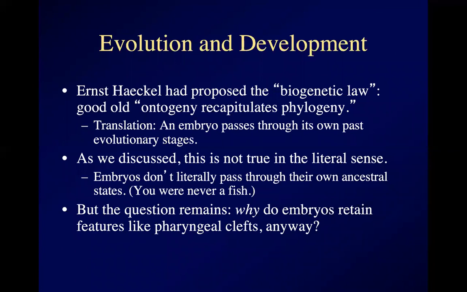But that still raises the question, why should embryos retain these features anyway? Okay, you never had gills, you never did look like a fish, but why do you and fish and all vertebrates go through a stage where just back of the mouth, you have a series of arches that are supported by cartilage and that have their own blood vessels, nerves, and muscles separated from each other by little clefts?